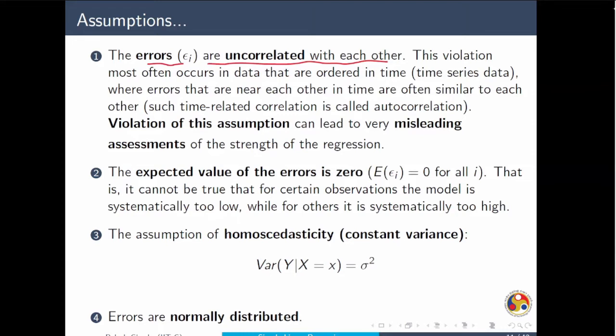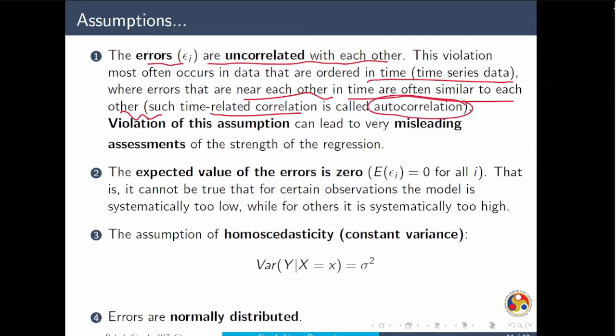Correlated errors are quite rampant in time series data, where you will have one lecture later on by Dr. Ganguly. There, errors near each other are similar compared to when they are separated, and that is called autocorrelation, but I will not discuss it here. This is out of context.